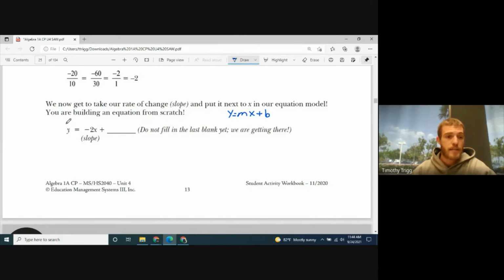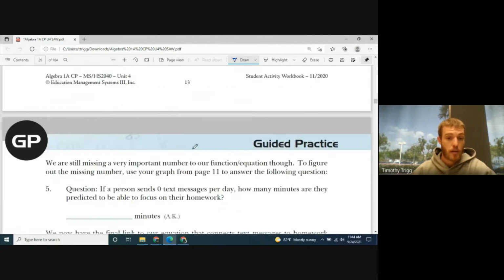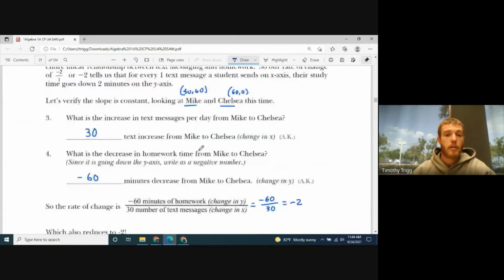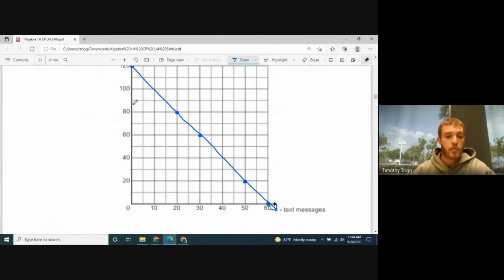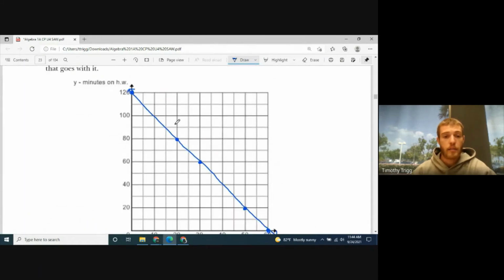So it says y equals -2x, and then plus the b, which is the y-intercept. If we look at our line, where does it cross the y-axis? It crosses at 120. So that's your b, your y-intercept.